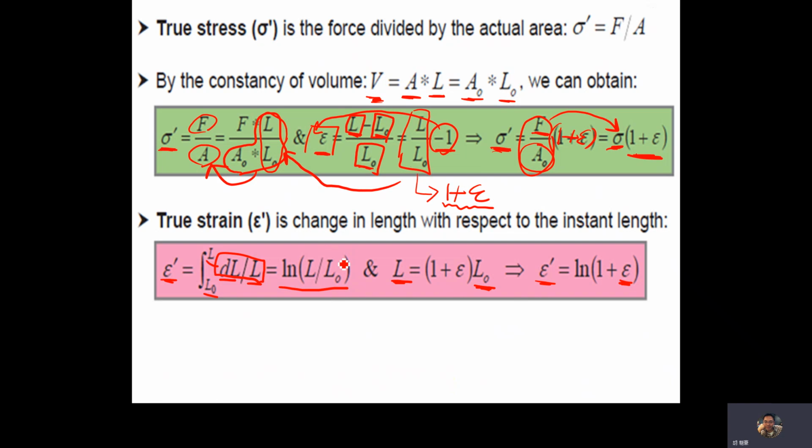Is that clear? So this term is the same: L over L naught equals 1 plus epsilon, and we just plug this term in here and we get this term. So that's a very fundamental calculation. It's not difficult, right?